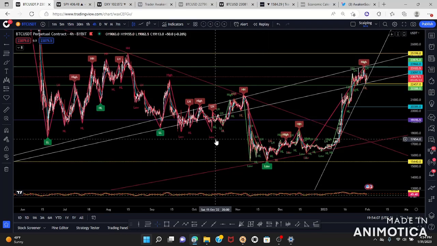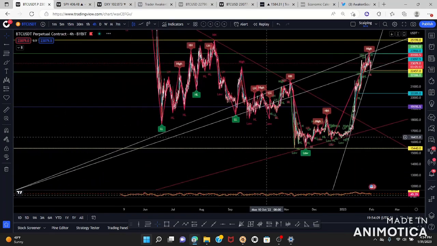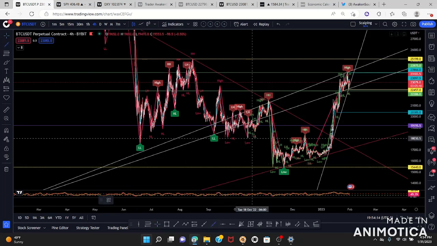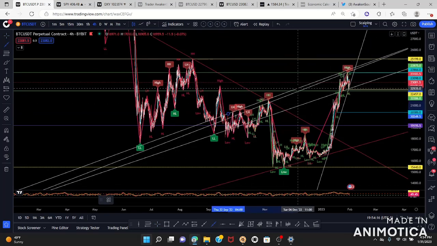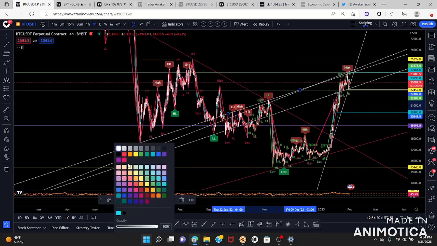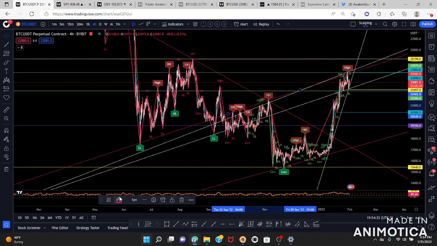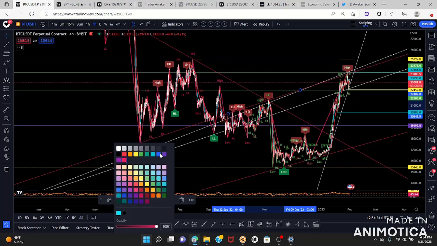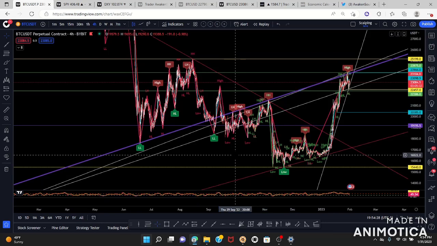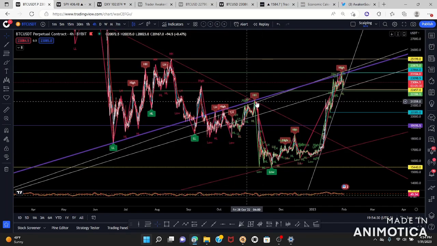And another thing that I noticed really quick is this megaphone that's been playing out. Let me highlight it in pink. No, purple. So 1, 2, 3 touch points.